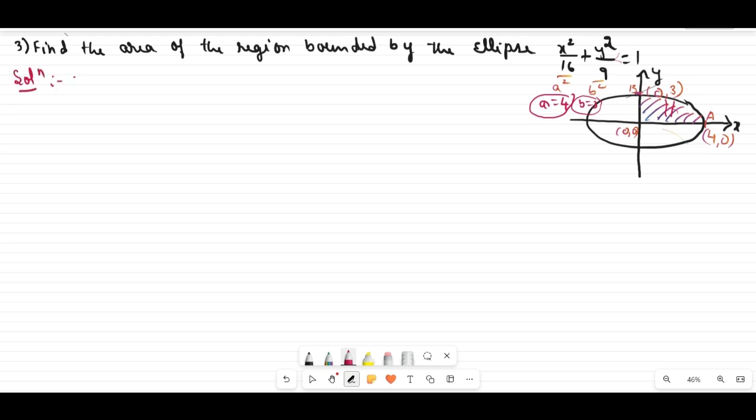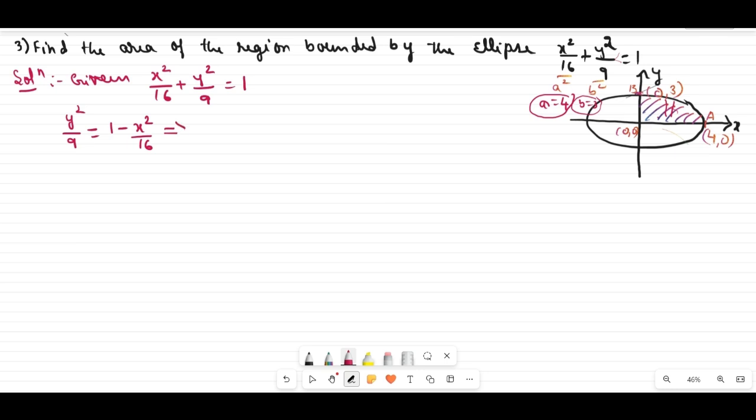Let me write the given question: x square by 16 plus y square by 9 is equal to 1. Same as the previous problem, let me find the value of y here. For y square by 9, I will take x square by 16 to the right hand side.